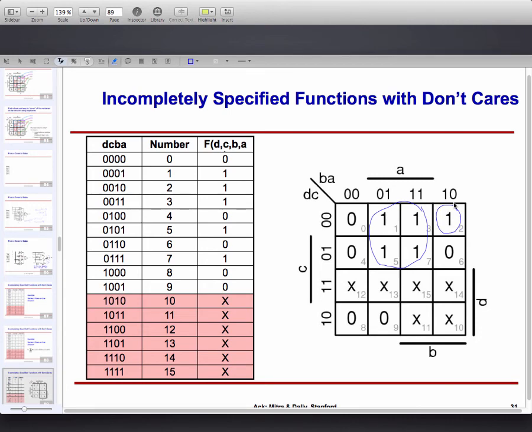That would be my normal implementation. If I were to think of all X's to be zeros, then I would have a face. Sorry, I take it wrong. I will do this and I'll do an edge like this. That would be my implementation: one face, one edge. What could you do better? By judiciously selecting some of the X's to be 1s and the rest 0, could you give me a better implementation than one face, one edge?